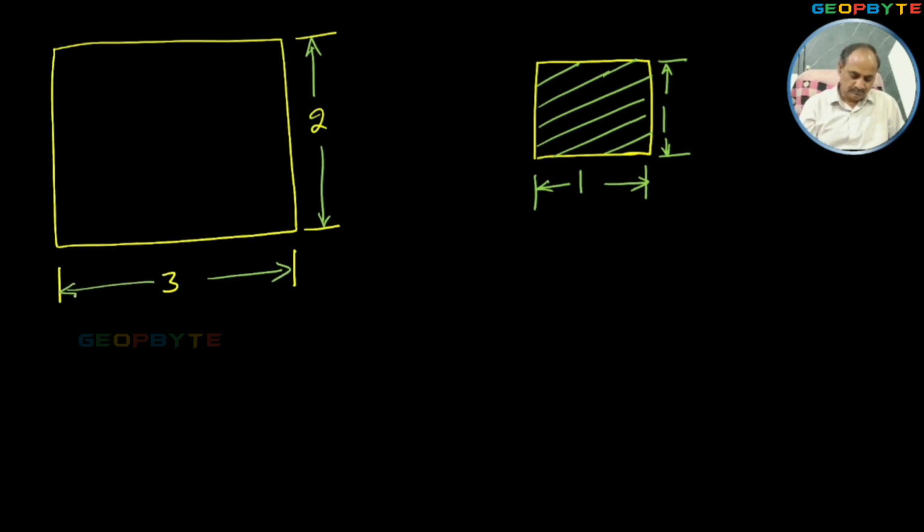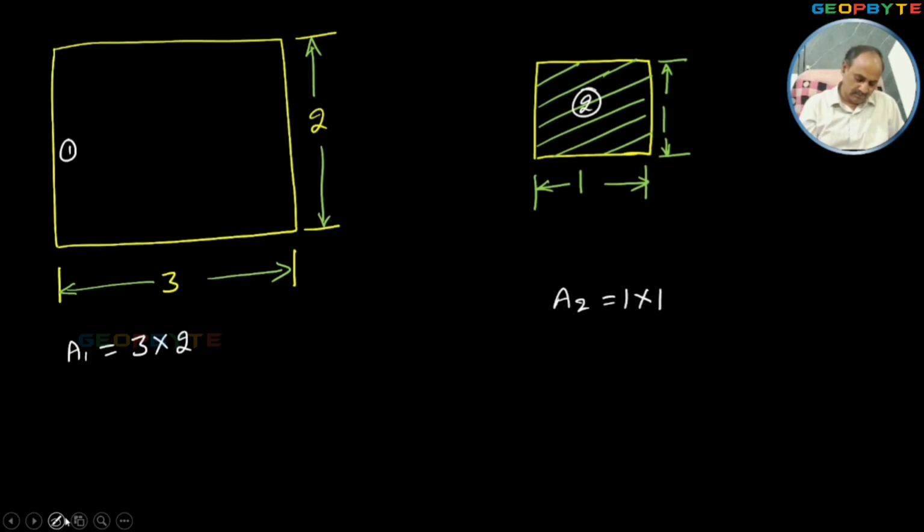Now, first let us mark it. This is block 1. This is block 2. A1 equals breadth multiplied by depth, 3 into 2. Similarly, A2 equals 1 into 1. Next, you join the diagonals for block 1.